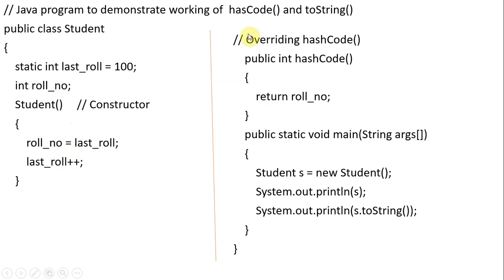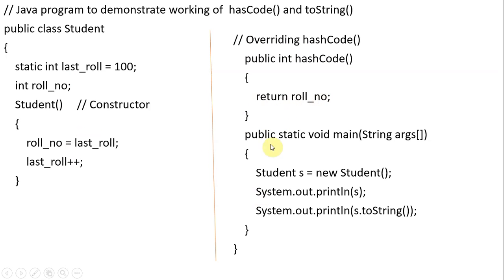Then the constructor, and we are overriding the hashCode method. This is actually a parent class method, so we are overriding it here: public int hashCode. It returns the roll number, meaning hashCode directly returns a value, the roll number.